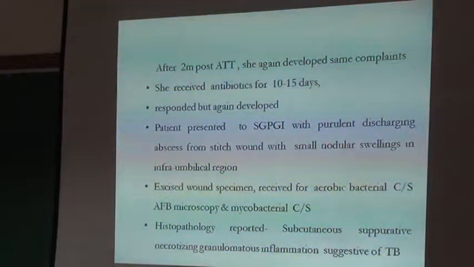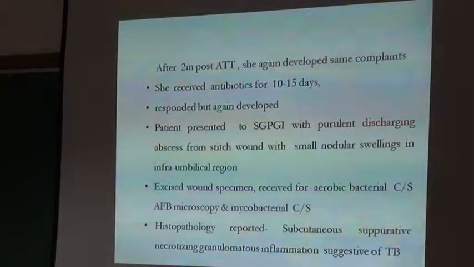The excised specimen was received for culture sensitivity and also for mycobacterial culture sensitivity. The histopathology report, noted from the HIS system, showed subcutaneous suppurating necrotizing granulomatous inflammation suggestive of tuberculosis.